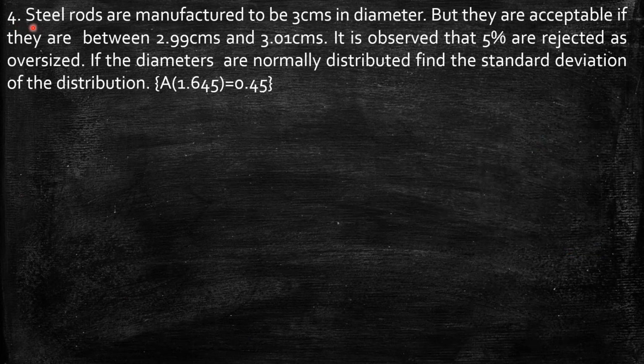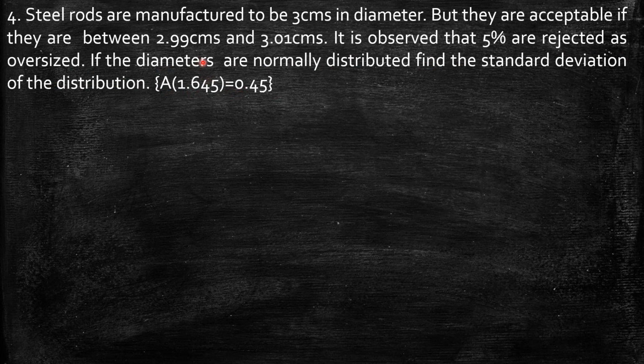Next, problem number 4. Steel rods are manufactured to be 3 centimeters in diameter, but they are acceptable if they are between 2.99 centimeters and 3.01 centimeters. It is observed that 5% are rejected as oversized. If the diameters are normally distributed, find the standard deviation of the distribution. Given A of 1.645 equal to 0.45.